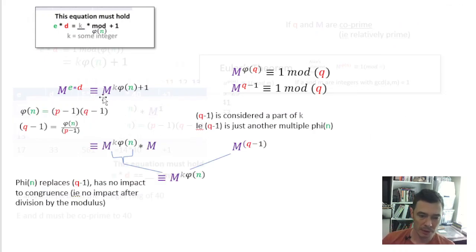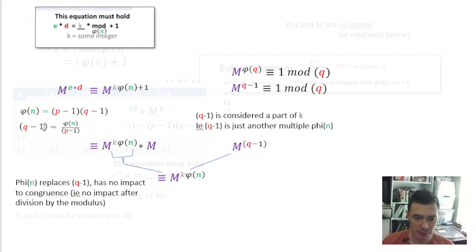So this side of the equation, if we just use the rules we know of exponents, we can turn it into this equation here. And then we go to M to the Q minus 1. Well, there's this relationship between Q minus 1 and phi of n.